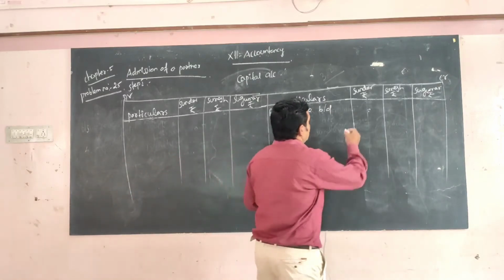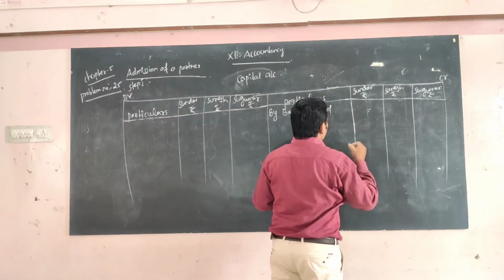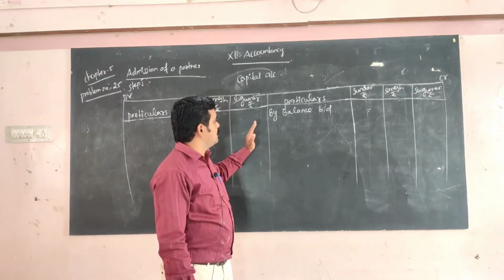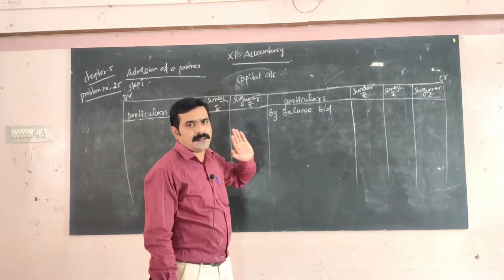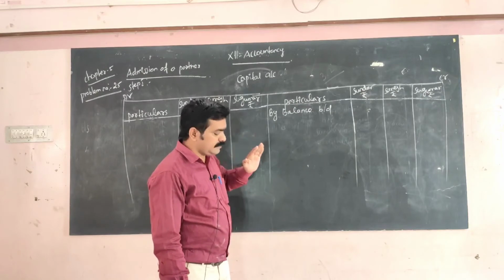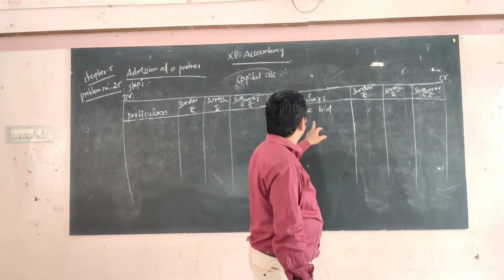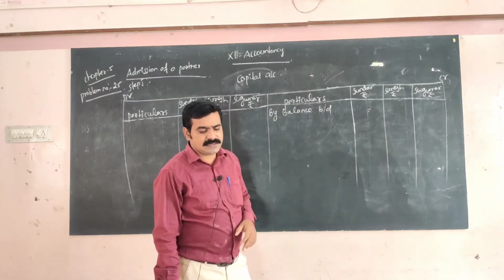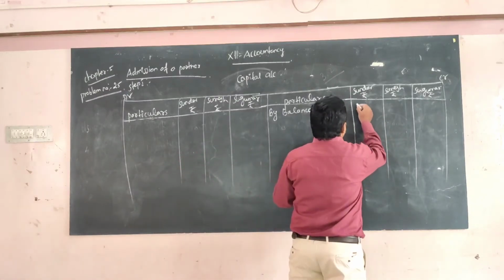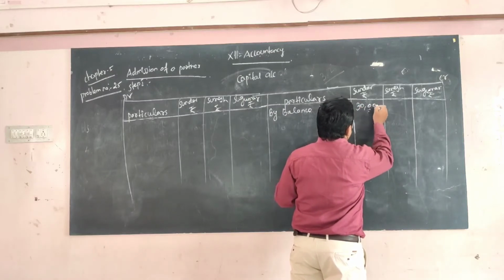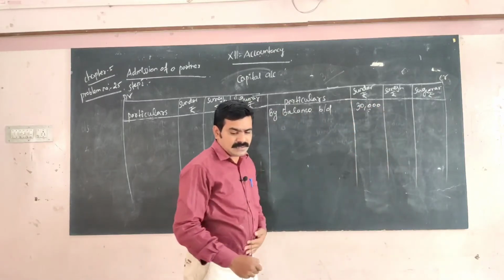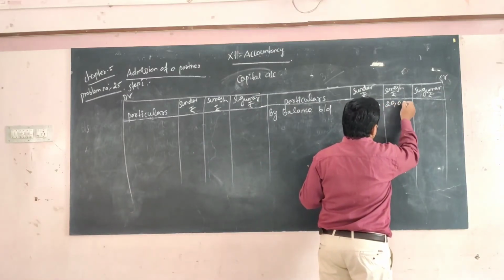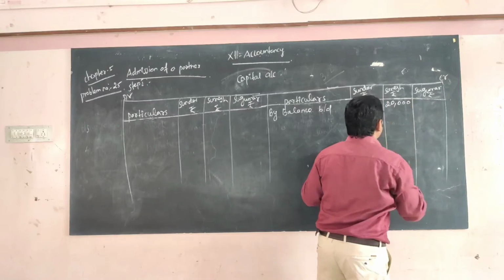What is the amount in this transaction? 30,000, then 20,000.